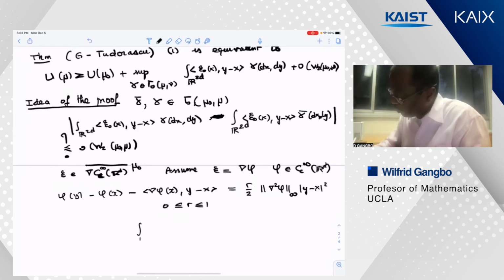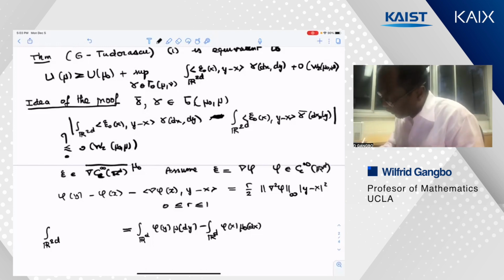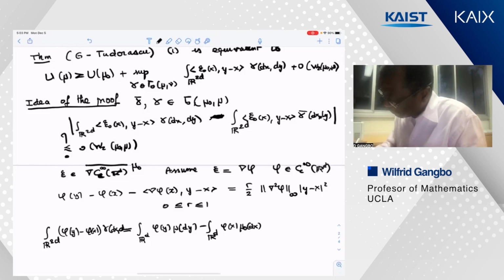Now, I am going to write the integral over Rd of phi of y mu dy minus the integral over Rd of phi of x mu naught dx. Let us observe that because gamma has mu naught and mu as marginals, this is the integral of phi of y minus phi of x, gamma dx dy.